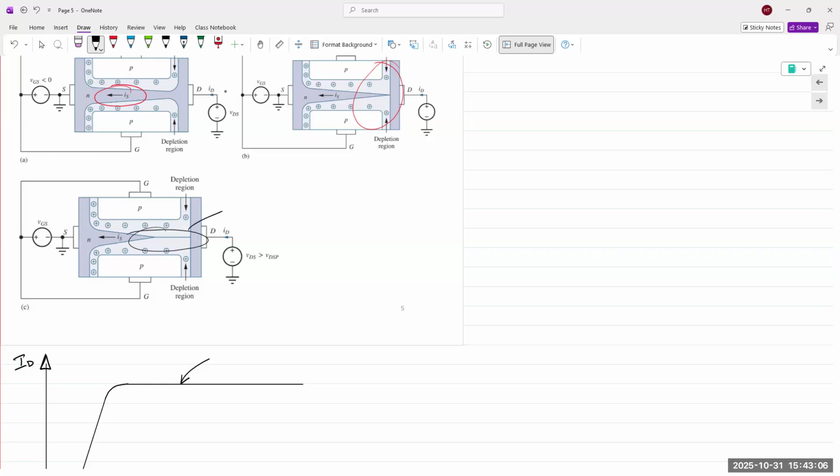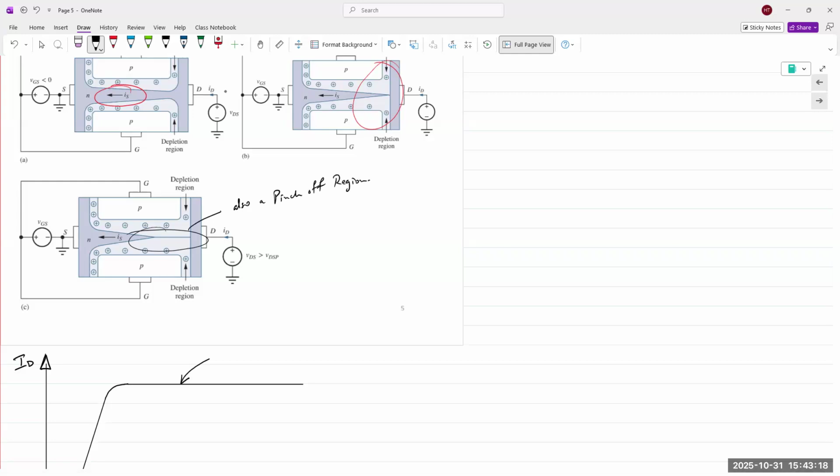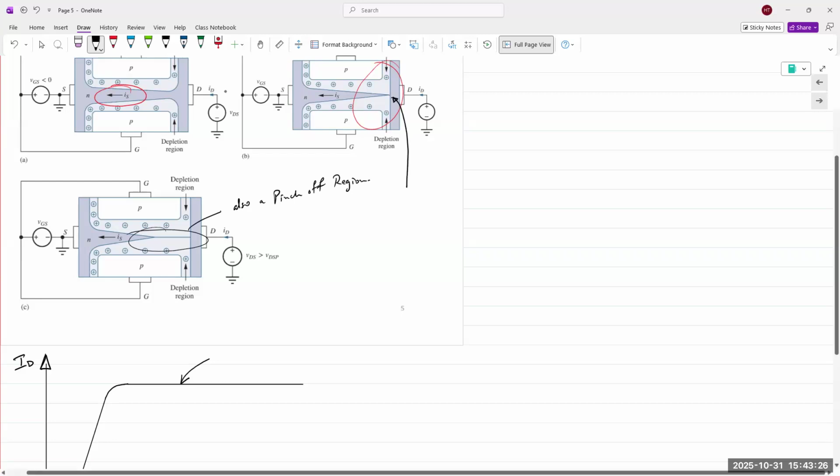All right, so for all intents and purposes, this is also a pinch off region. Okay, but do not confuse it with VP. This would be VDSP. So this point where this pinch off occurs would be VDSP, the VDS voltage required to pinch off the channel.